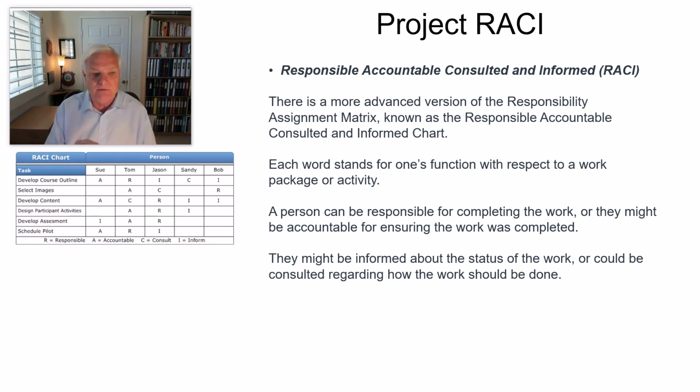Are they accountable for it? Are they just from a consultation going to be working within that area? Are they I for informed? So RACI stands for responsible, accountable, consult, and inform. A RACI chart gives you the ability to take that OBS down into the RAM down another level to understand the entire flow down to a people person.